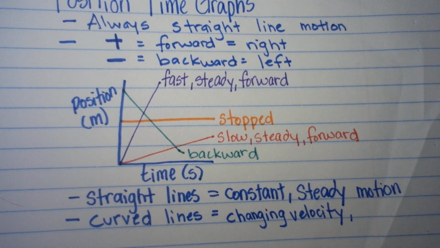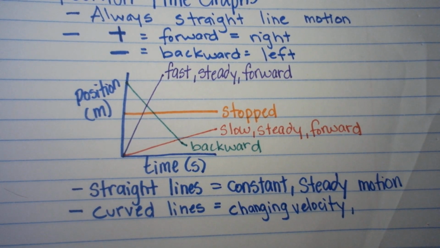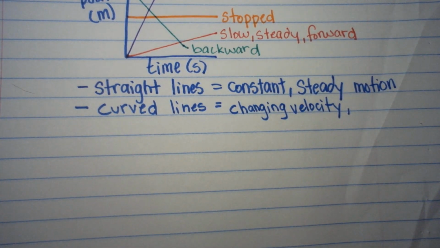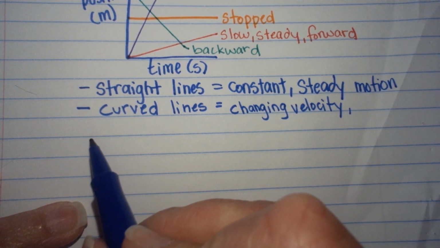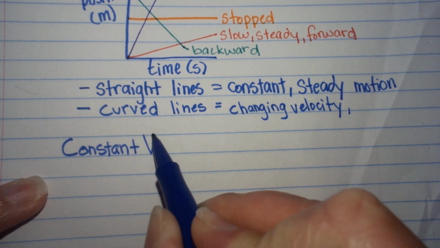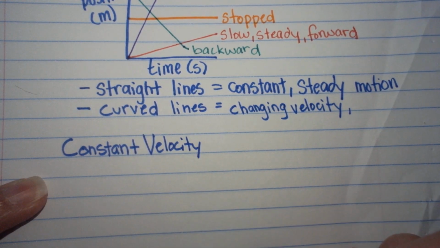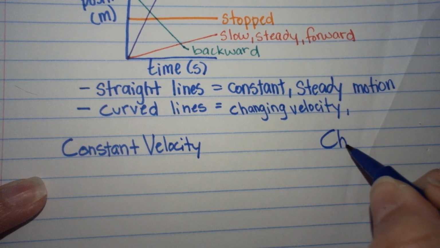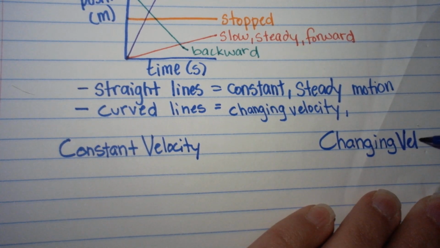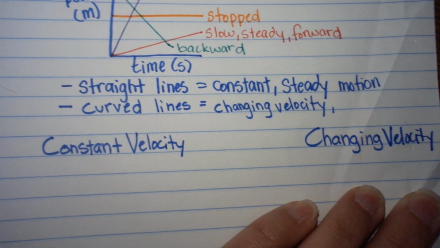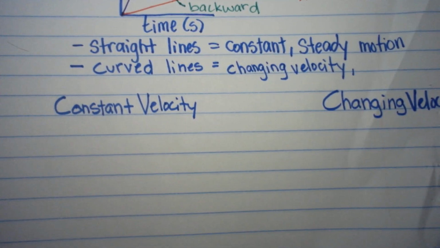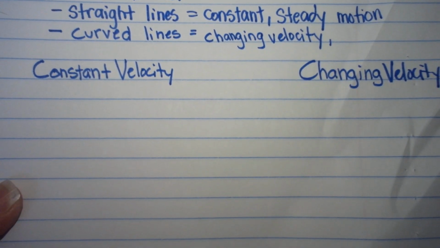All right. So let's look at those lines. I'm going to make kind of a T-chart here for constant velocity and changing velocity. Constant velocity and changing velocity.